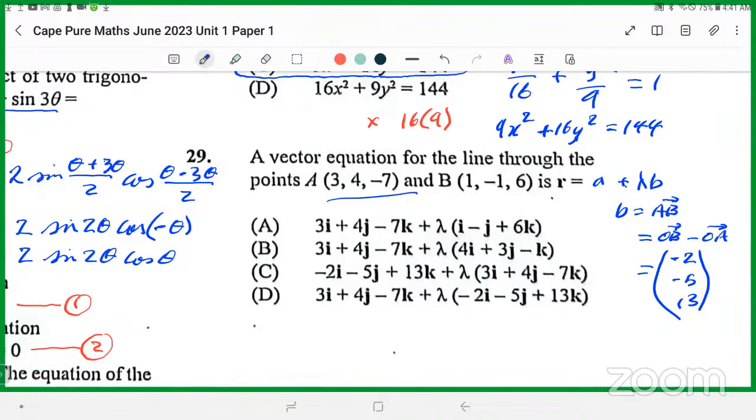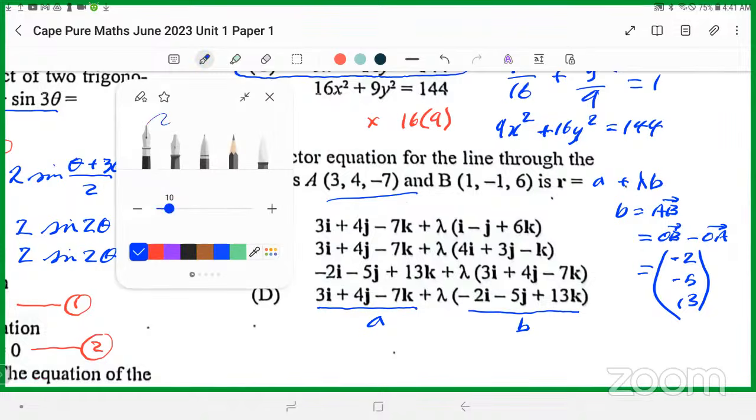And the a is just this vector. So I have the a right here. That answers the last one. See there? Minus 2, minus 5, 13. So the answer is this one. This becomes a, and this is b. So that's the last one right here.